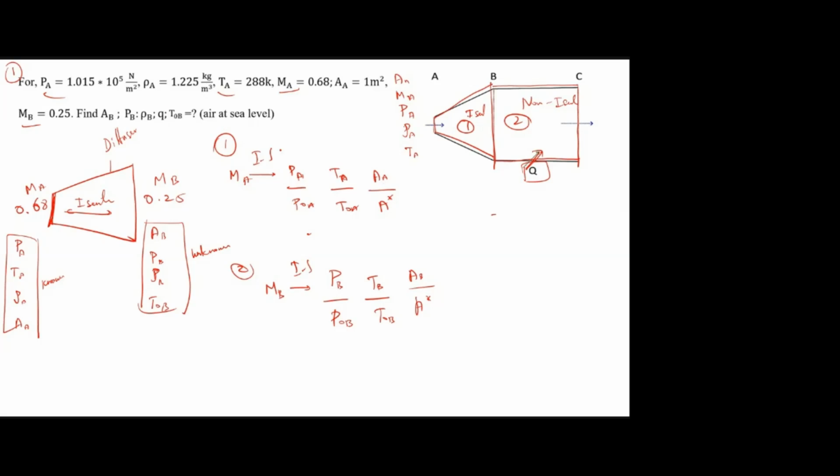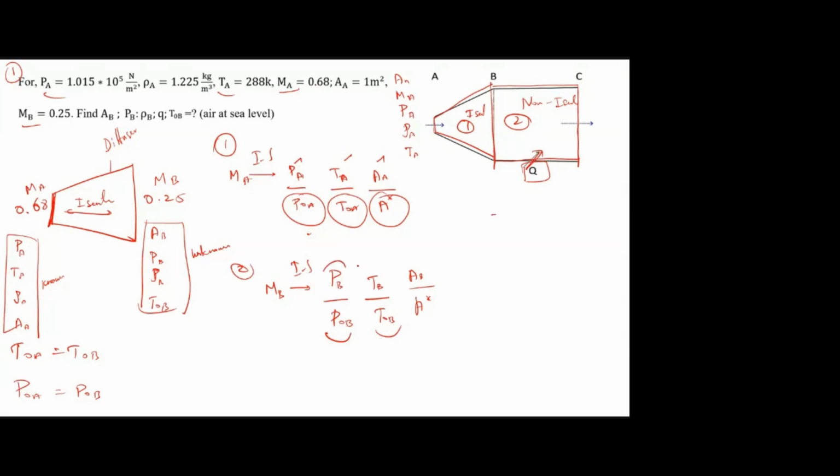Here they have given PA, TA, even AA. Using that you can find P naught A, T naught A, A star, right? And the flow is isentropic, so T naught A is equal to T naught B, and P naught A is equal to P naught B. So I know T naught A, P naught A, T naught B, P naught B, because both are constant.